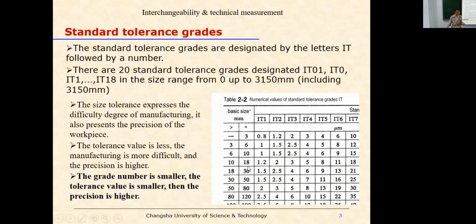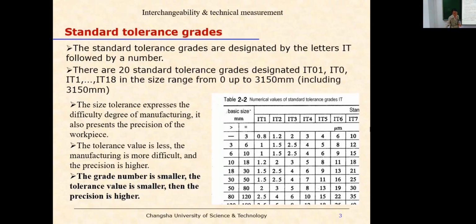So this phrase means whether it's difficult to manufacture or not. The tolerance value is less, the manufacturing is more difficult, right? And the precision is higher, like in the table. So the grade number is smaller, the tolerance value is smaller.